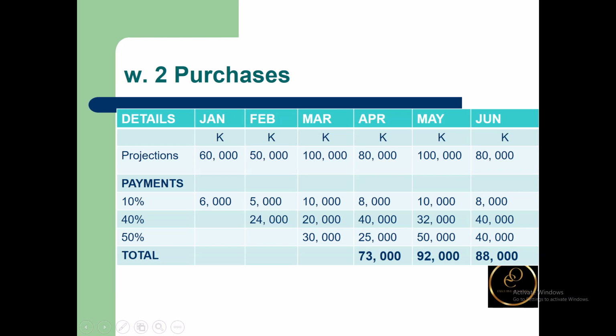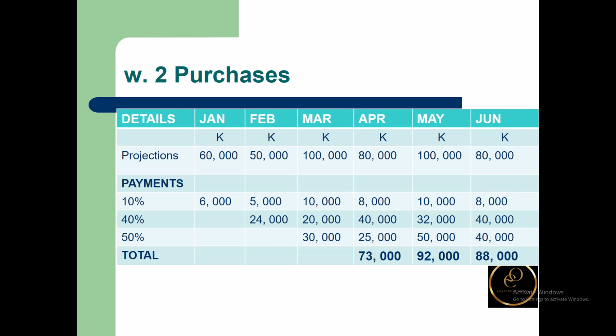Then 40% of 100,000 is 40,000 coming to the month following March, which is sitting here, 40,000 kwacha in April. Then 50%, which is 50,000 of 100,000 kwacha, sits in the month following April, in this case May. So we have 10,000, 40,000, and 50,000.